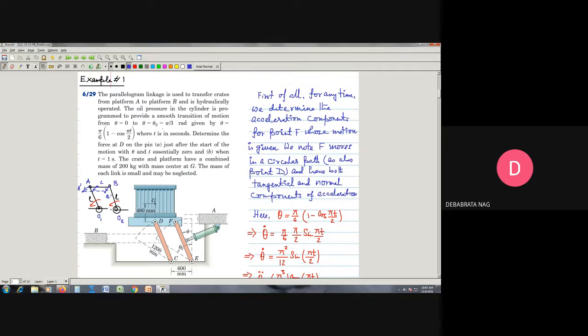The angle theta that this crank will make with respect to the vertical at any point of time is given by this equation, where t needs to be used in seconds and theta must be in radian. Determine the force at D on the pin.